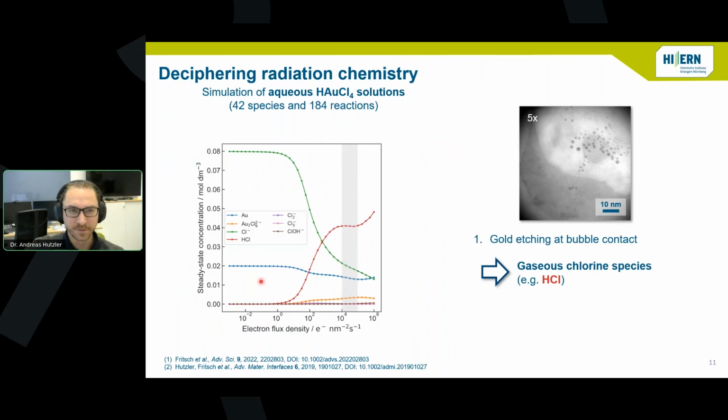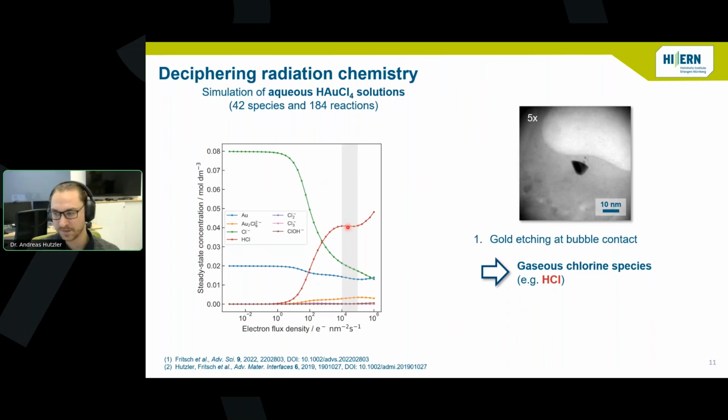And if you look at the steady state formation over the electron flux density, so how many electrons we irradiate our solution with per area and time, we can directly see, so in this gray shaded area, we recorded this video. We can directly see that we have a high concentration of molecular HCl. And yes, the dissociation of HCl is taken into account.